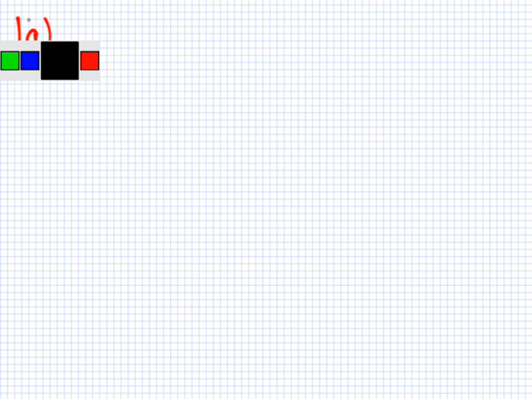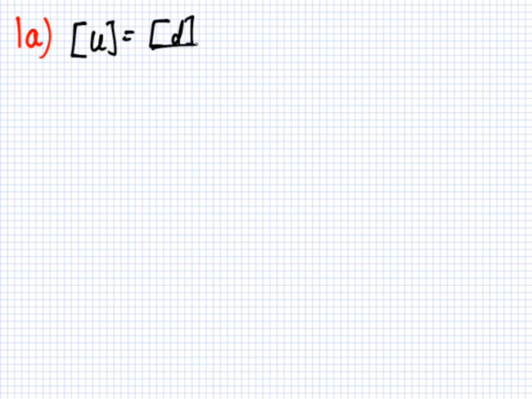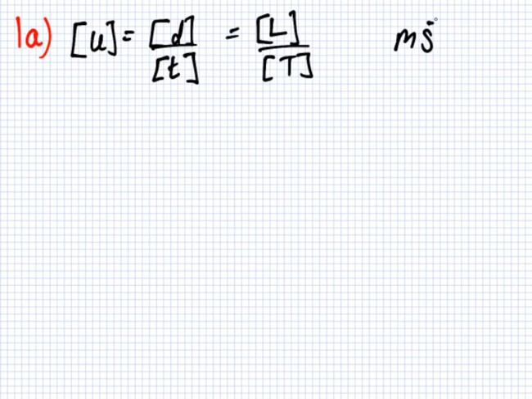Okay, so the first part here, the dimension of U equals the dimension of D divided by the dimension of T, and this is a length and this is a time, and the unit would be meters per second. That's okay, isn't it? Yeah.